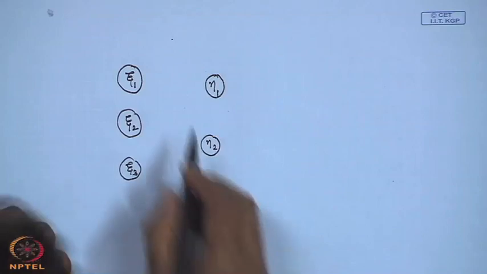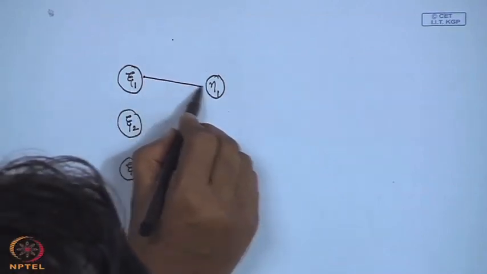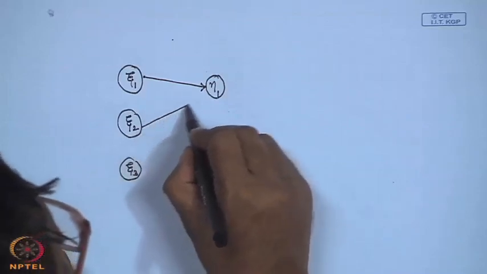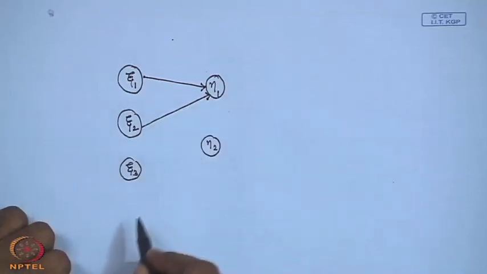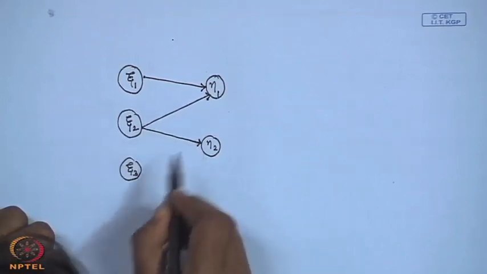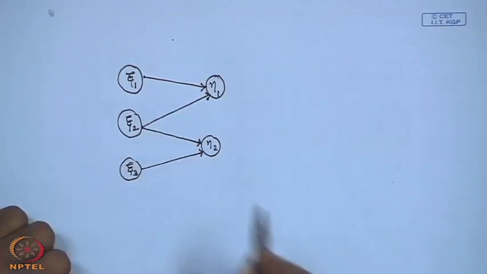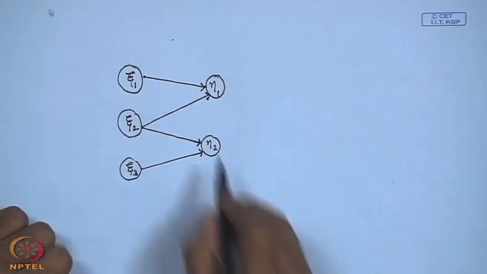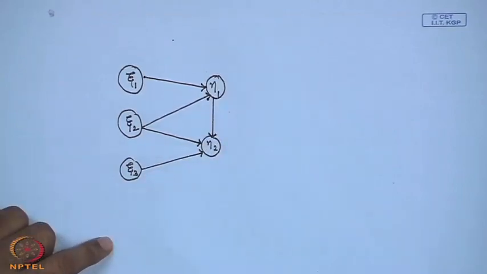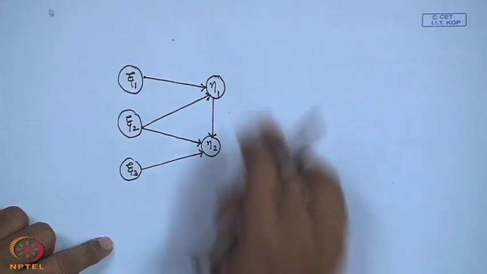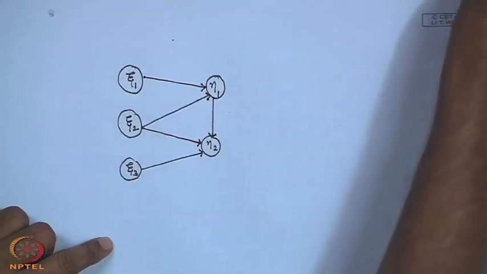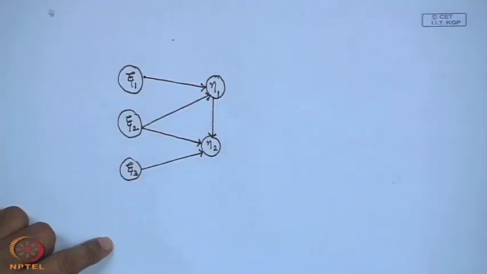Let the linkage be like this: eta 1 is affected by xi 1 as well as xi 2, and eta 2 is affected by xi 2 as well as xi 3, and eta 2 is also affected by eta 1.